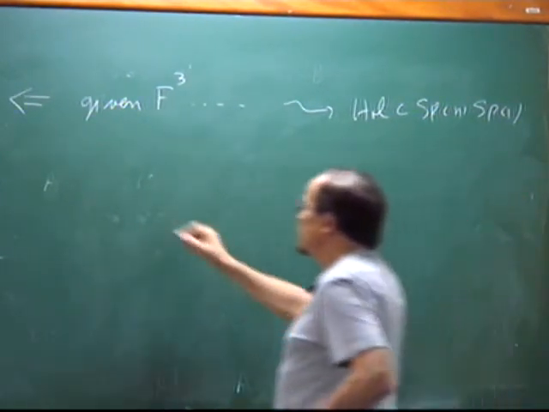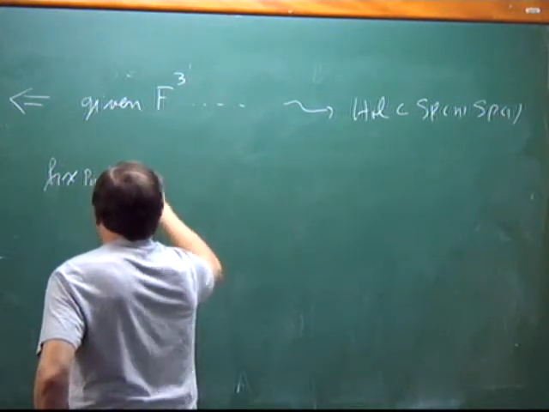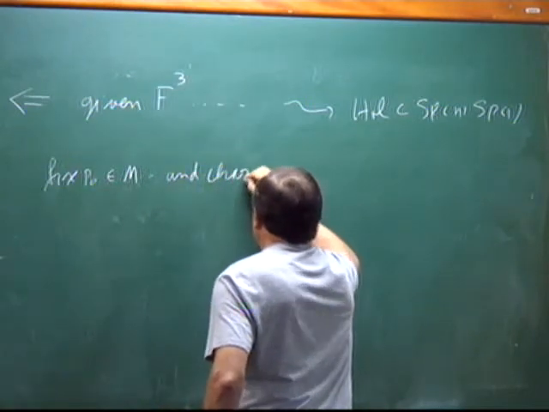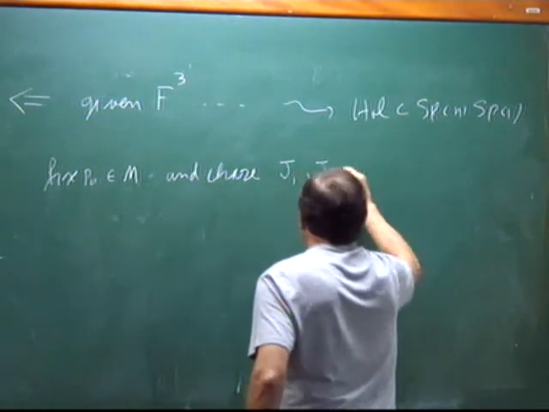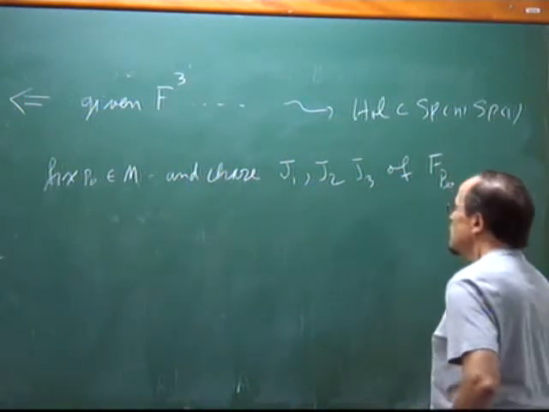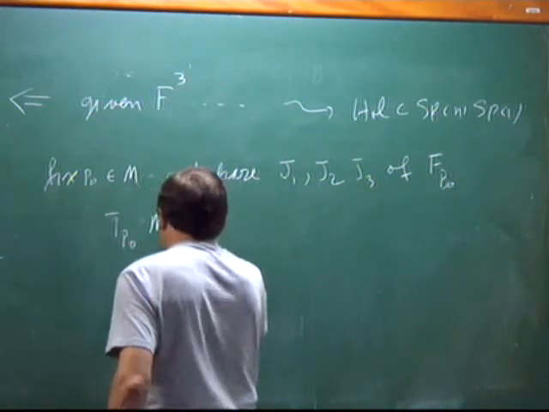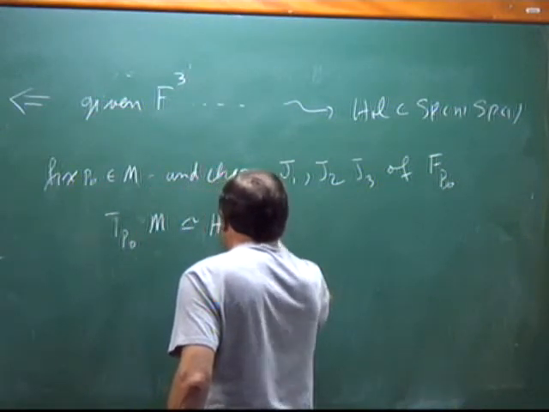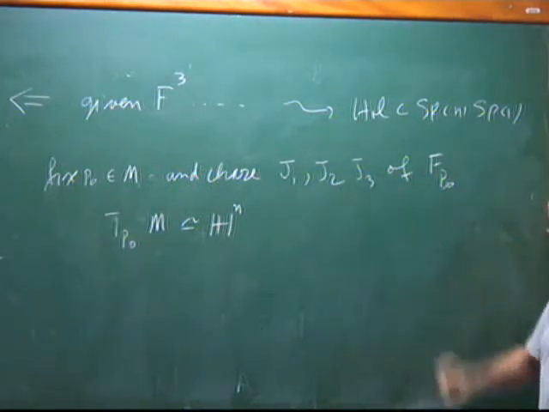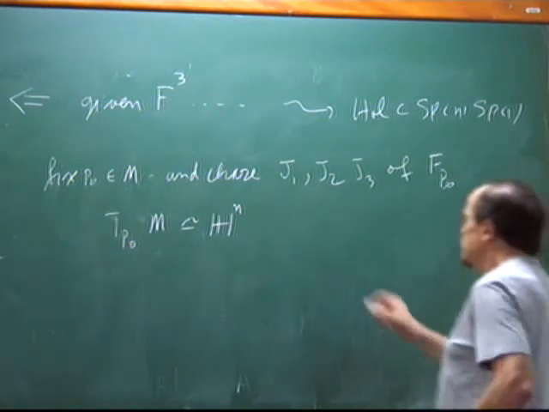So fix a point p naught, and choose some representatives J1, J2, J3 of F at p naught. This helps me identify T_p0 M with H^n, and letting these be multiplication by i, by j, by k.